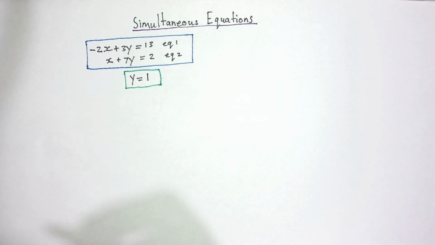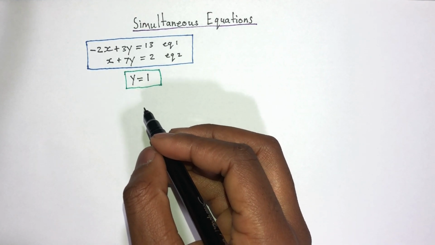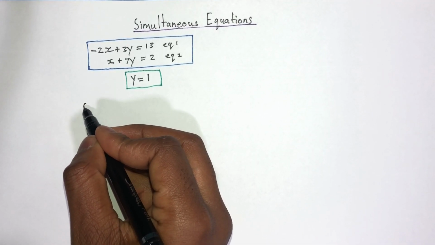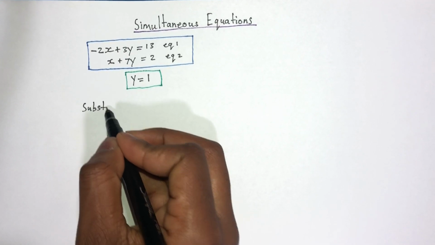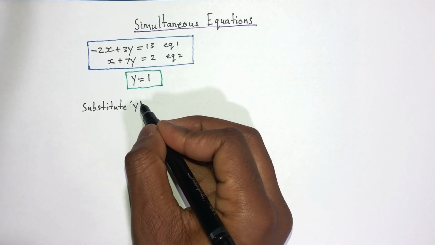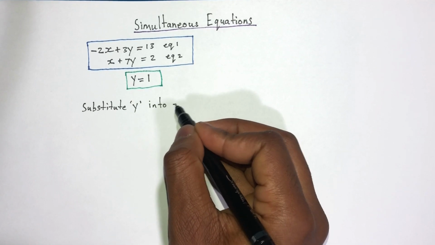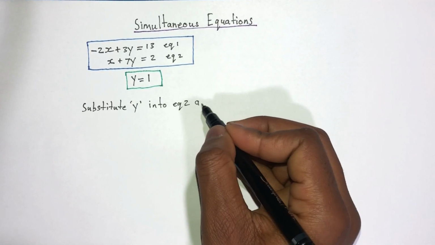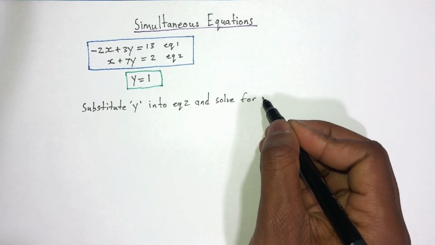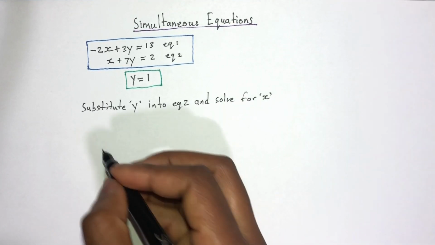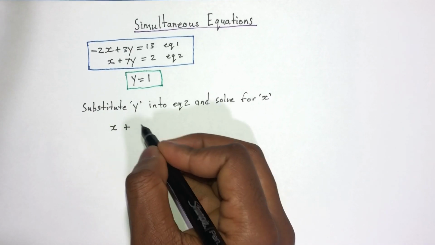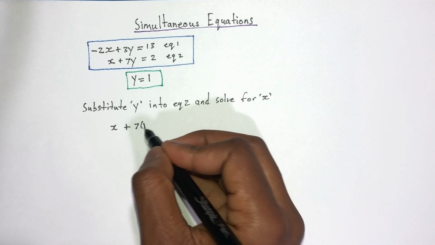Next, we're going to substitute our y value into equation 2 and solve for x. And equation 2 is x plus 7, and our y value is 1.